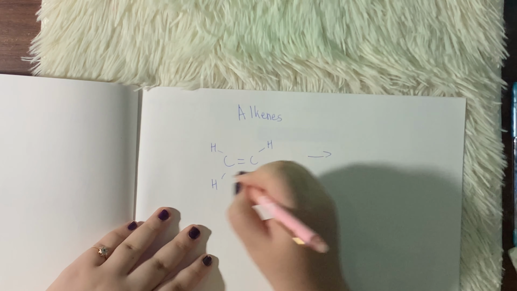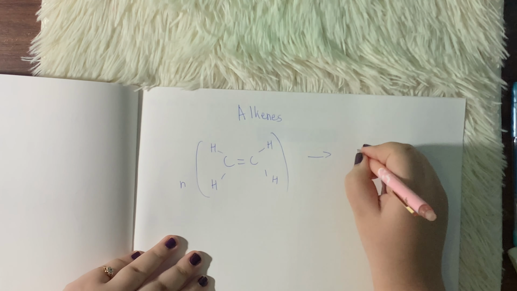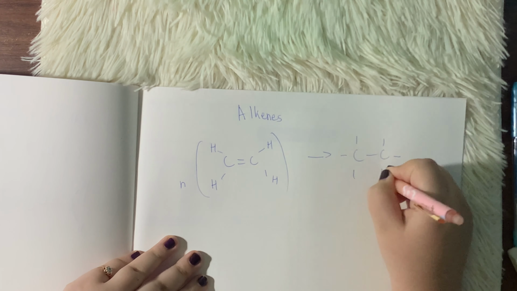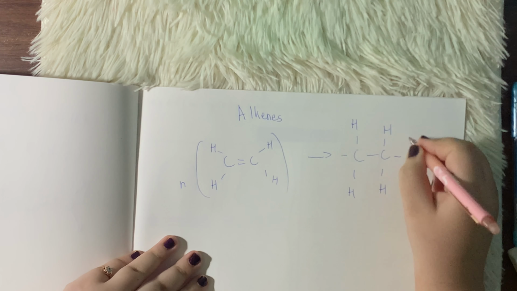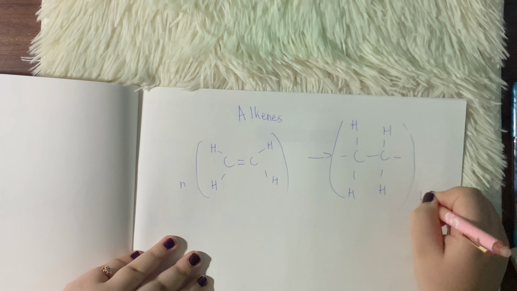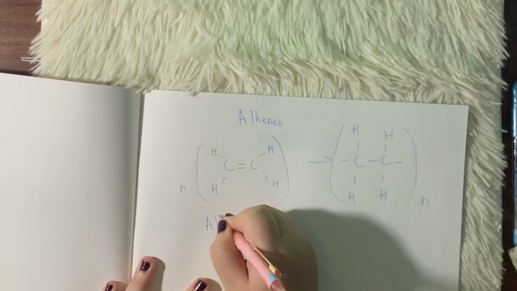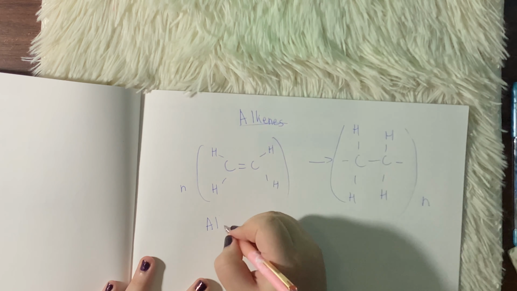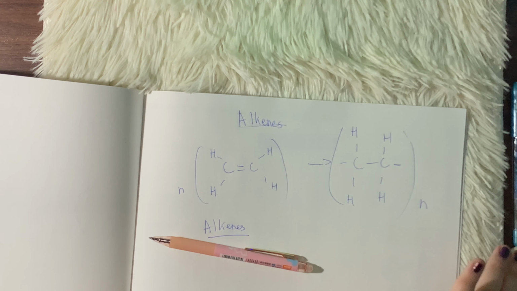It goes from this, this is how we draw it, to this. This is an addition reaction that all alkenes go through. That is basically all you need to know in this chapter.